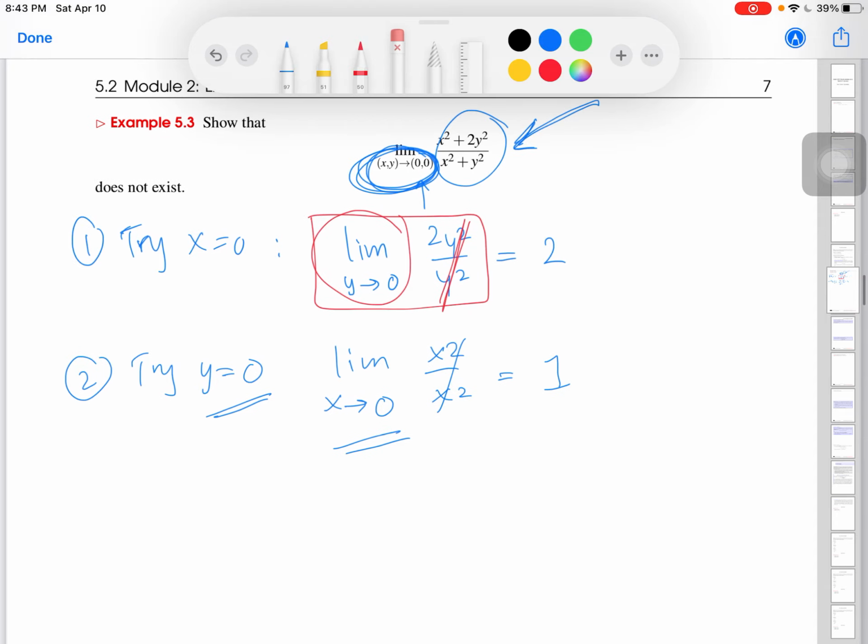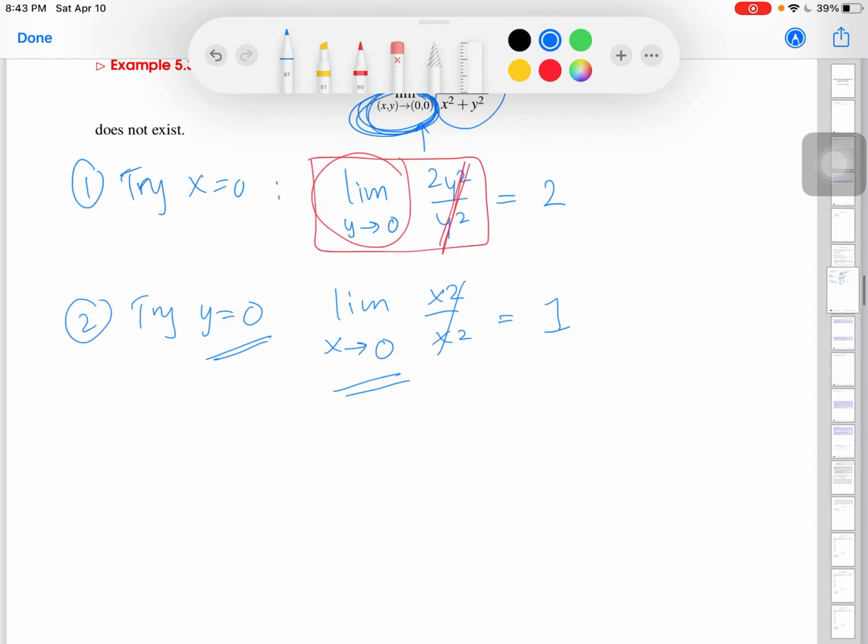We can see here, if I were to draw this graphically, if this is the plane, then what have we shown in number 1? X equals 0 is the y-axis. So here's the point we want to eventually find the limit at. We have shown that if I approach along the y-axis, the limit that I get is 2.